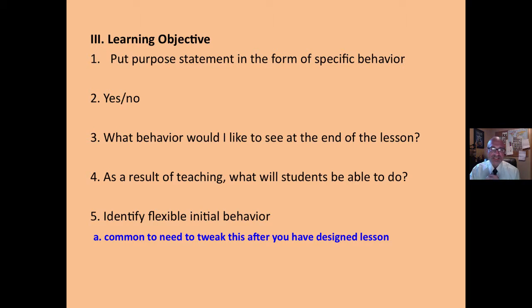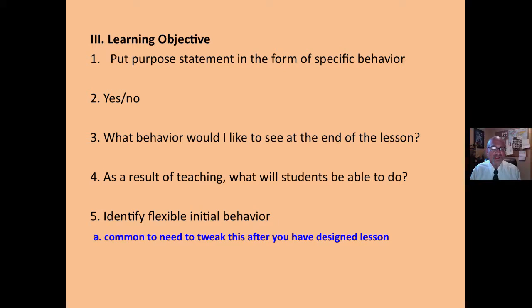The next part is a learning objective or a behavioral objective. I put the purpose statement in the form of a specific behavior that I would like to see at the end of the lesson. I can say yes or no in terms of, are they able to do that? What behavior do I want to see as a result of teaching? What will students be able to do? Now keep this flexible.